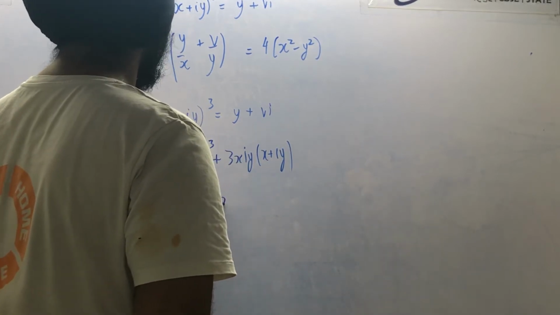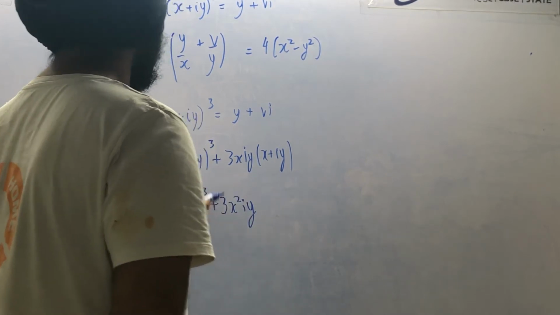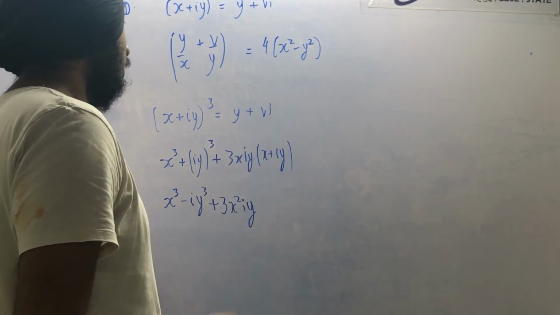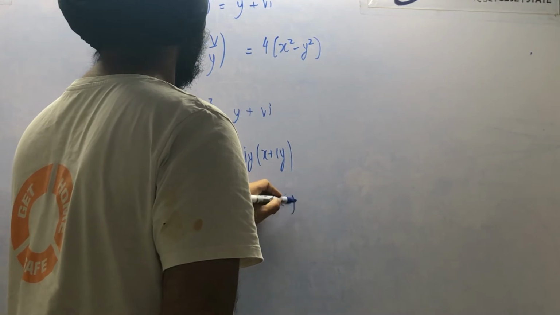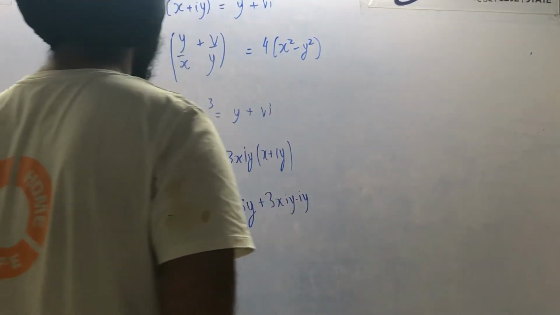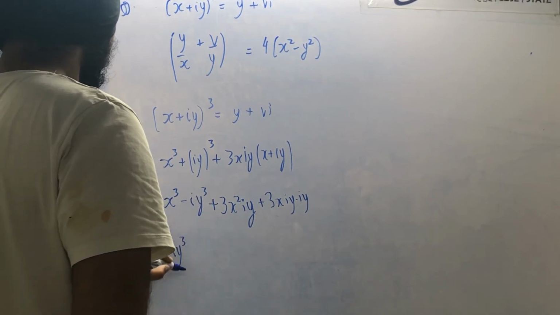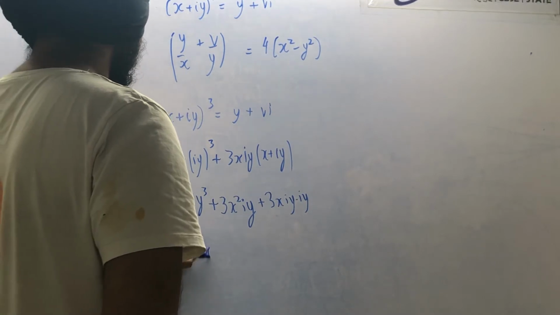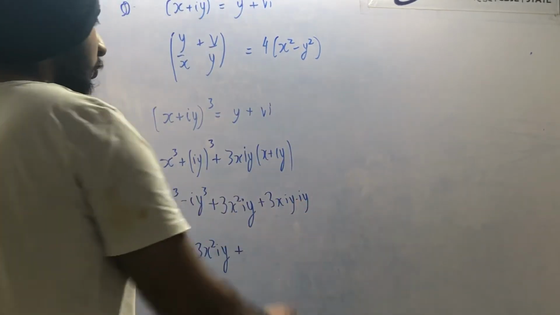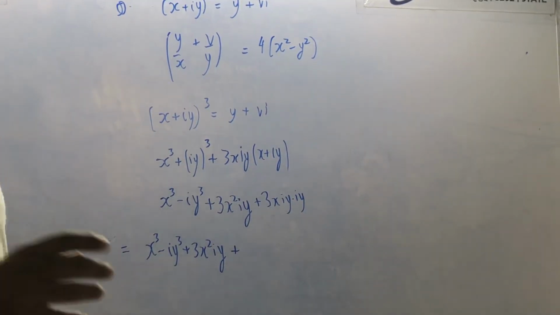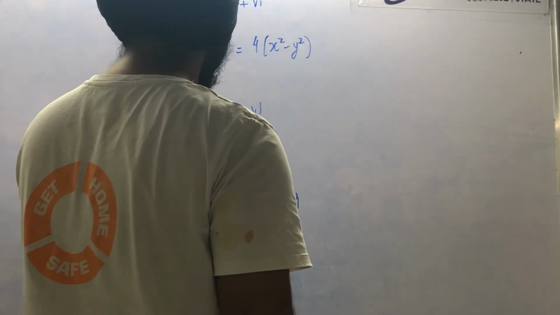So this is 3x square iota y, and 3x iota y into iota y, iota square is minus 1, so minus 3xy square.